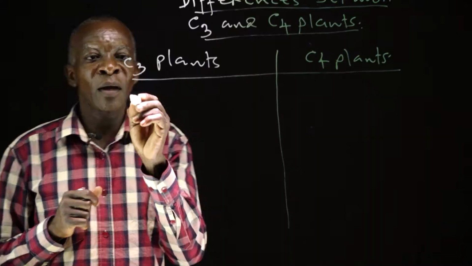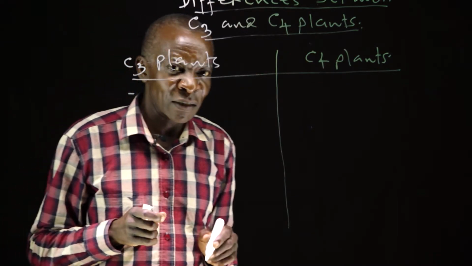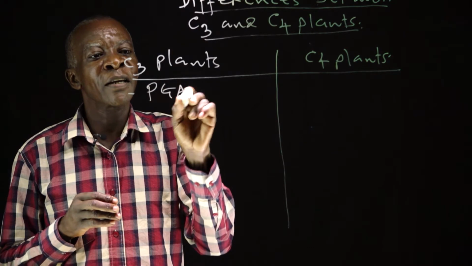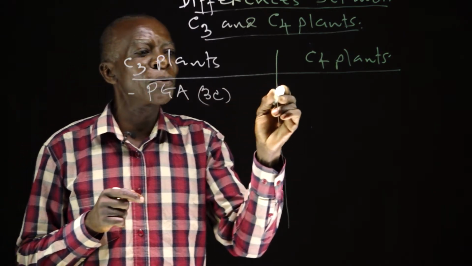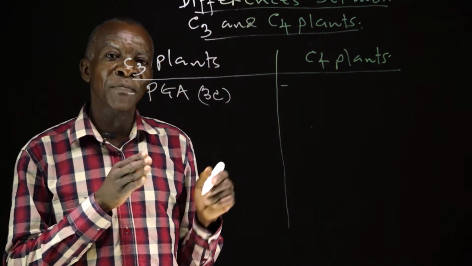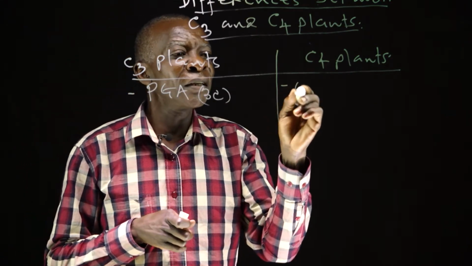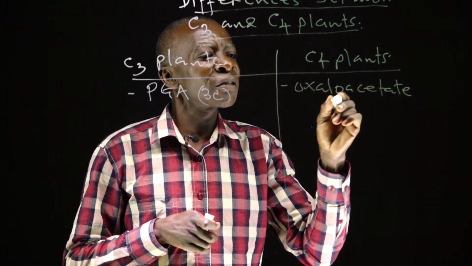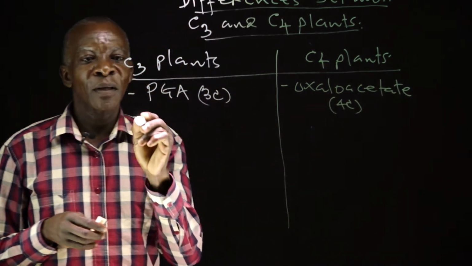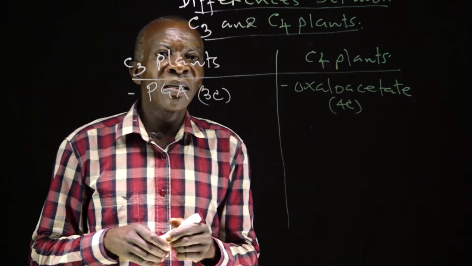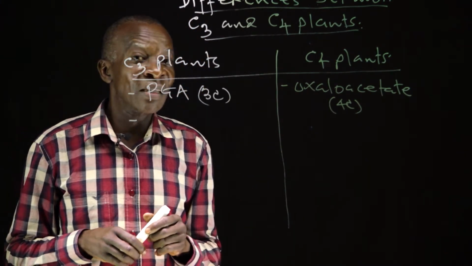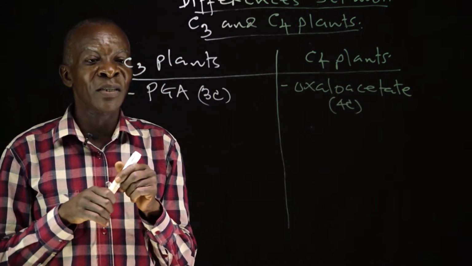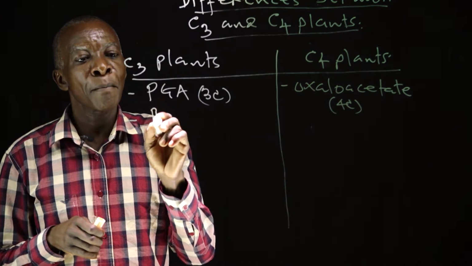So one, the immediate product of carbon dioxide fixation is phosphoglyceric acid, a 3-carbon compound, whereas here the immediate product of carbon dioxide fixation is oxaloacetate. This is a 4-carbon compound. But secondly, in the C3 plants, there is only one type of chloroplast, that is bundle sheath chloroplasts.